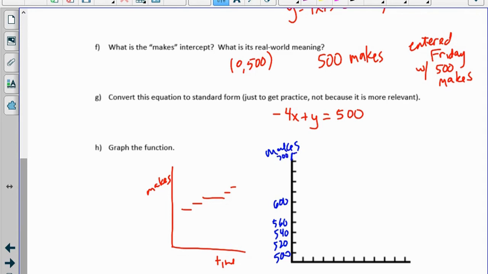And then let's go up by fives down here, 5, 10, 15, 20, 25, 30, 35, 40, 45, 50. So then I know that 50 comma 700 is on the graph. I know that 0 comma 500 is on the graph, and then I can graph that as a line, even though technically it would look a whole lot more like this.